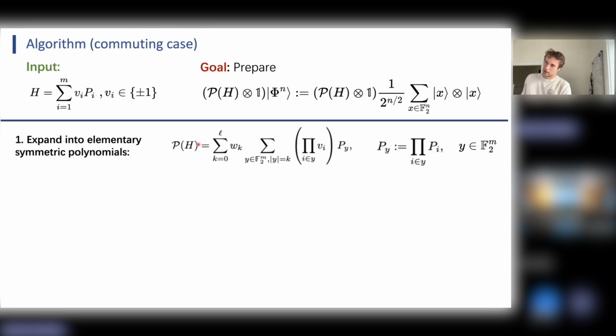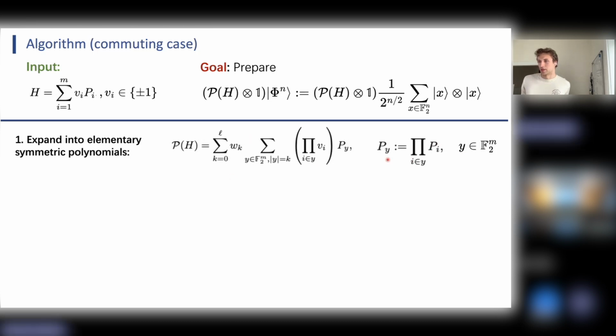So the first thing I have to do is expand this polynomial in terms of its Fourier basis, essentially. H is some sum of Paulis, so P of H will be some sum of products of Paulis. I write a product of Paulis as just P_y for some bit string y, where the ones in the bit string y tell me which Paulis appear in this product.